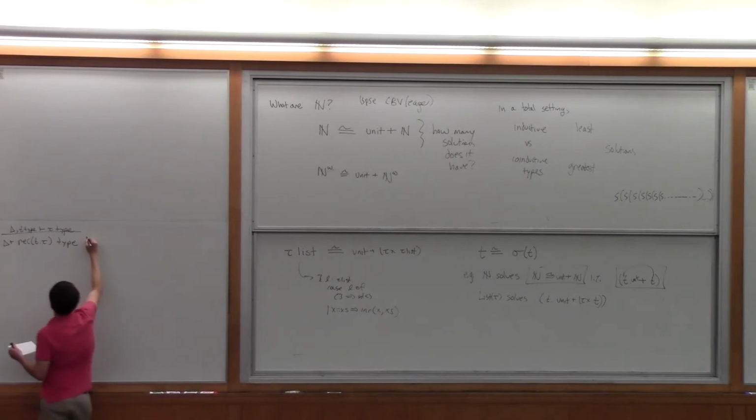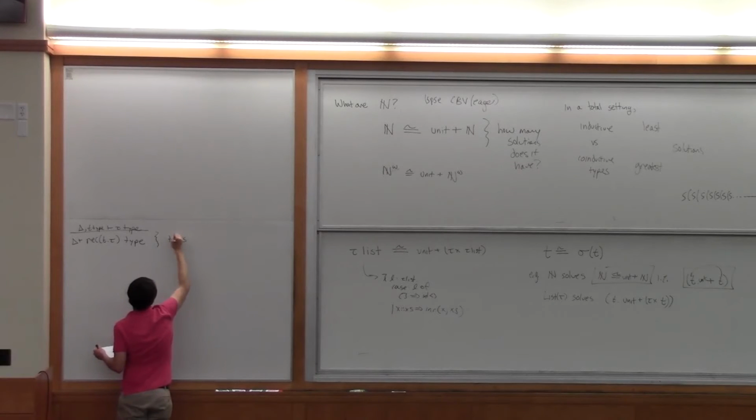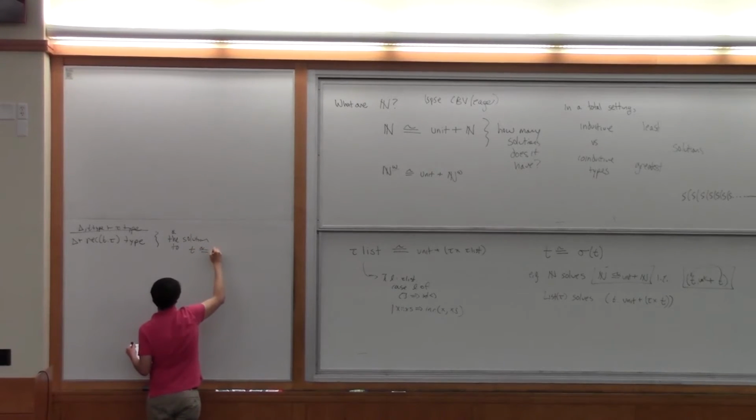And the idea is you want to think of this as a solution to the equation, t is isomorphic to tau, which depends on t.